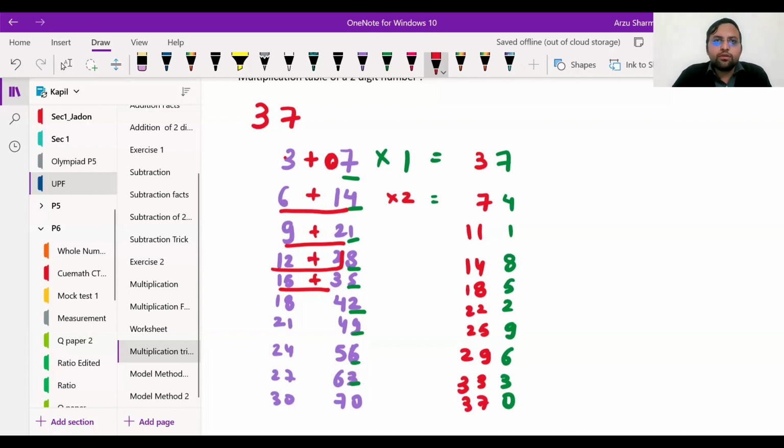So, is this clear, guys? This is times 3, times 4, and so on.